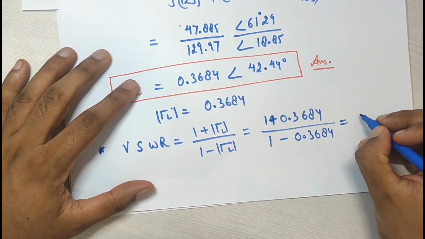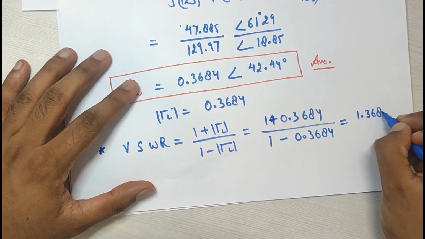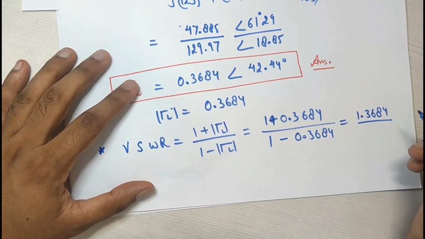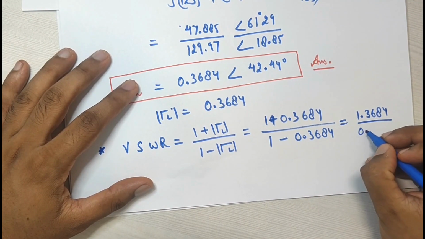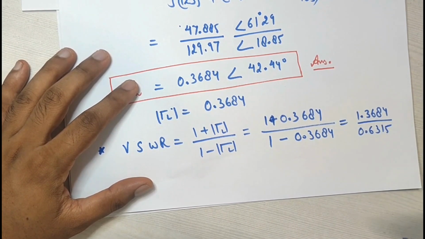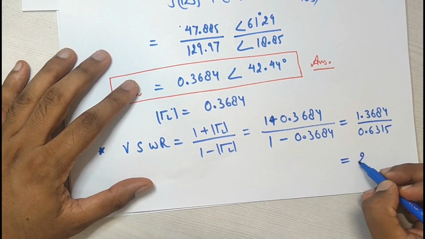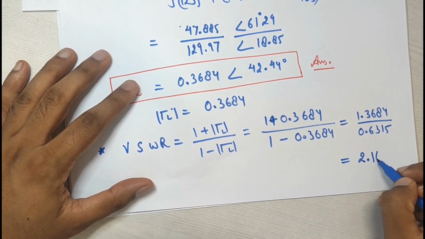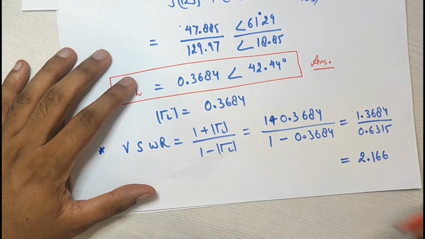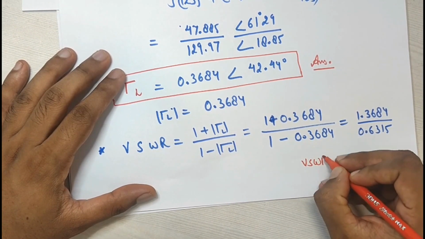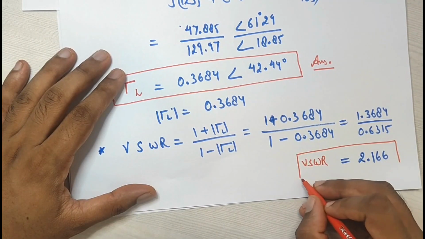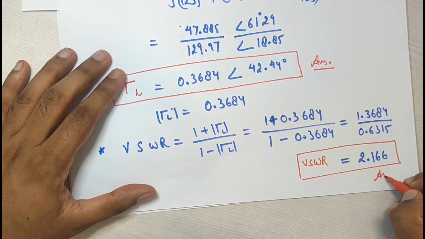This will be 1.3684 upon 0.6315, almost roughly, and the value of this will be 2.166. Hence VSWR is 2.166. This is the second answer we got.